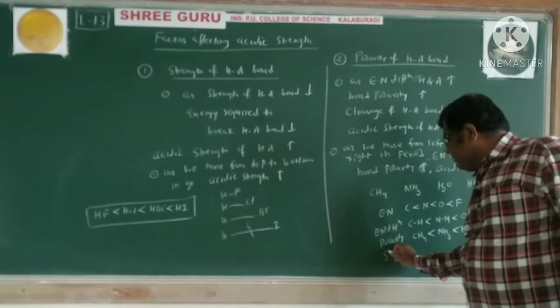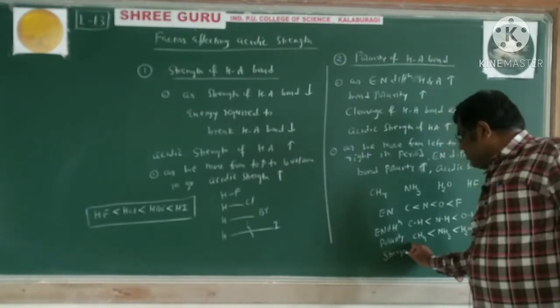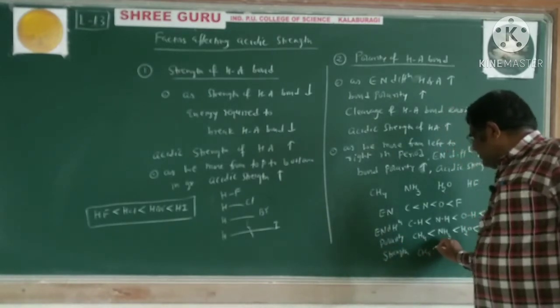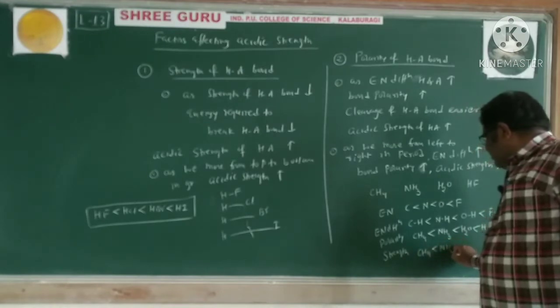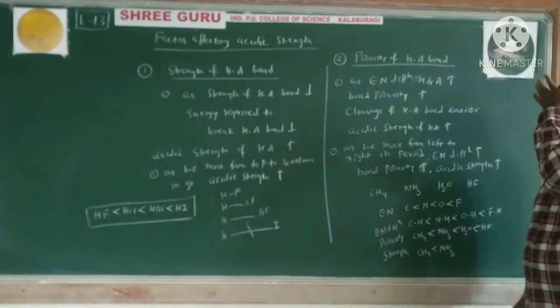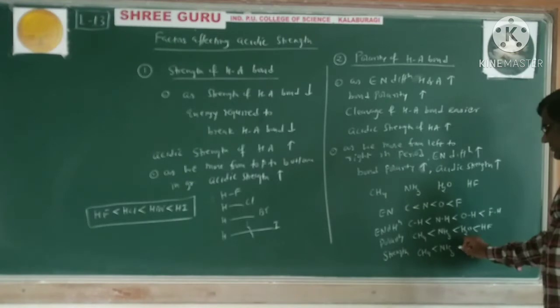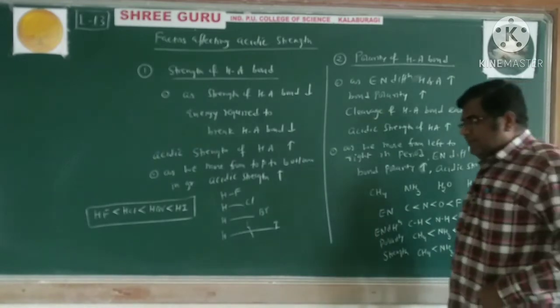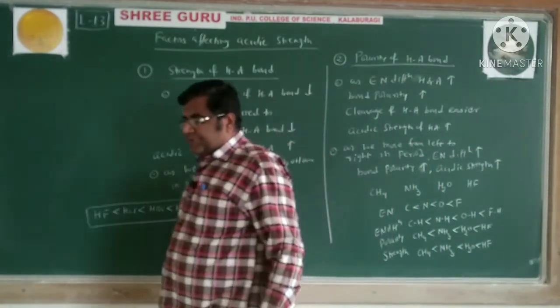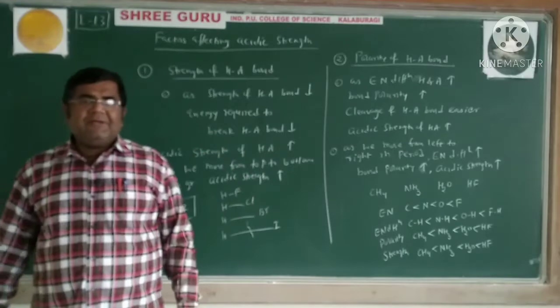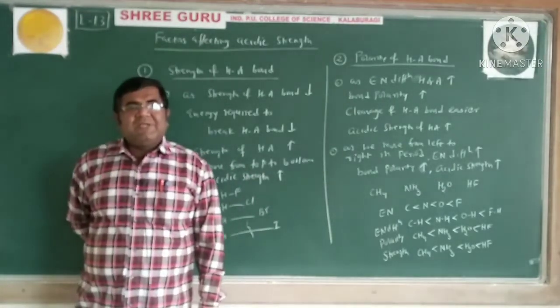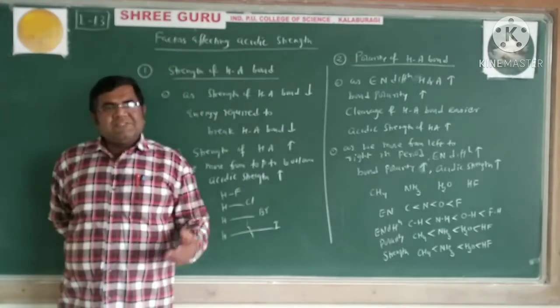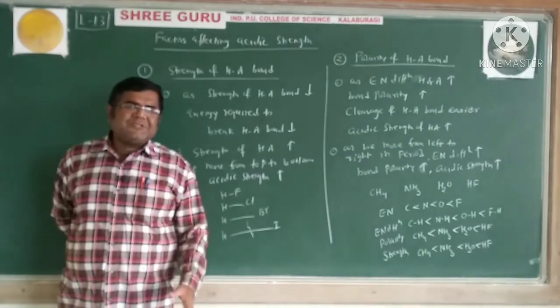Which is the stronger acid then? No doubt, the bond polarity is greater in HF, so HF is the stronger acid. Because bond polarity is greater, electronegativity difference is larger, bond is easy to break, H plus ion can be released easily, acidic strength is greater. That's how we can correlate all these things.